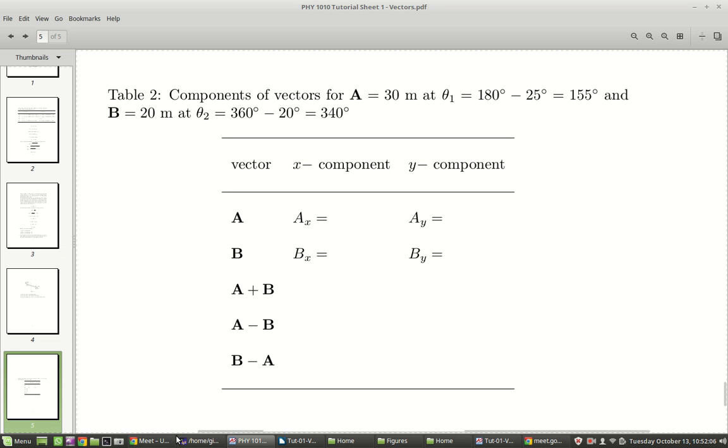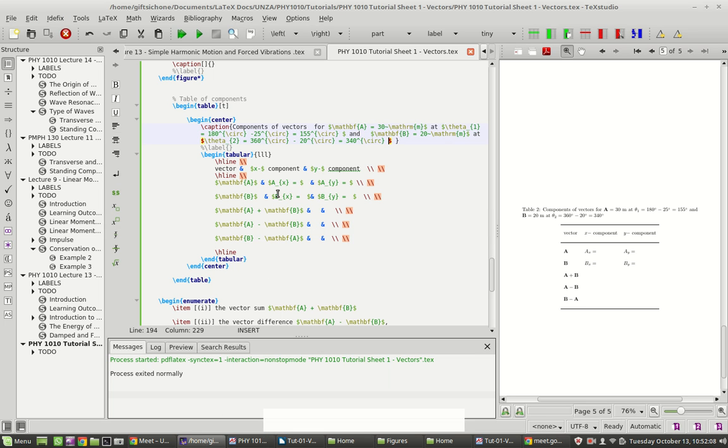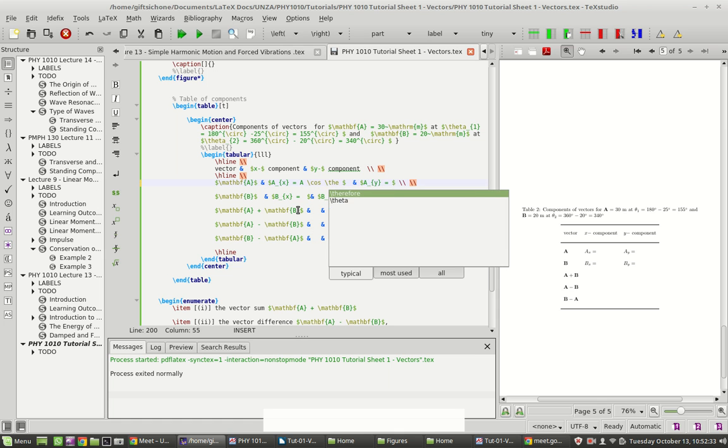How do we get AX? How do you get a component of a vector? It is 30 multiplied by cos 155. So the size of vector A, times cos of the angle theta 1.